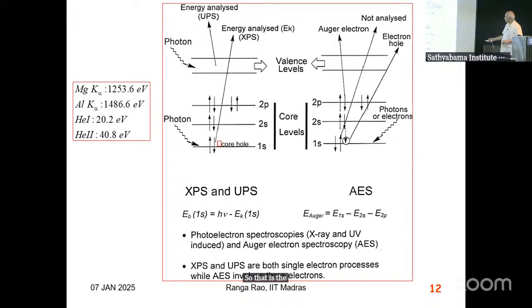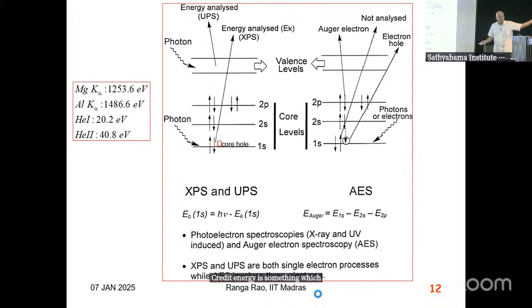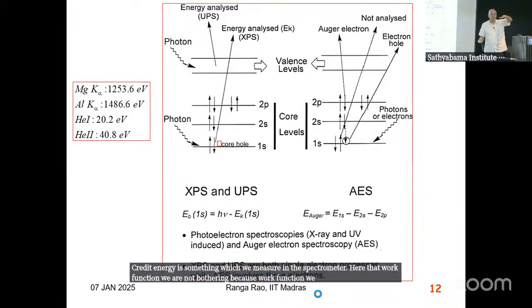So now you see XPS and UPS. The binding energy of the electrons coming out here, for example a 1s electron, we have removed the 1s electron. So the binding energy of the 1s electron is equal to h nu minus the kinetic energy. Kinetic energy is what we measure in the spectrometer. Here we are not bothering about the work function, because there is a way to avoid looking at it.